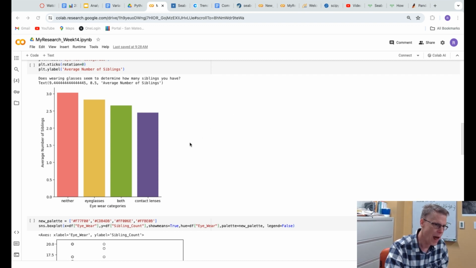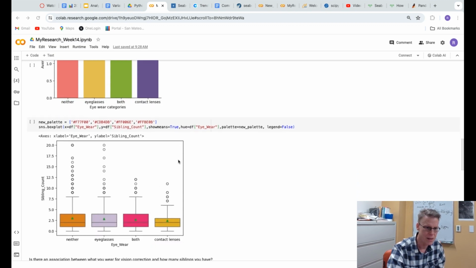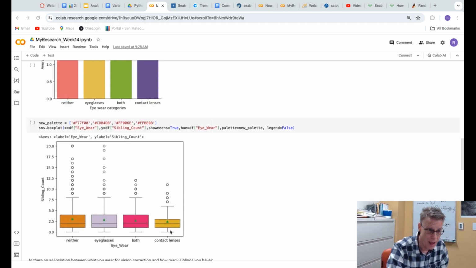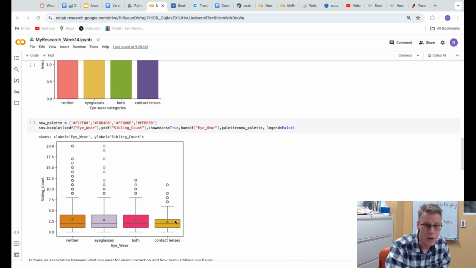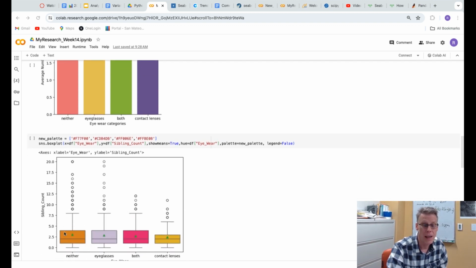ANOVA stands for analysis of variance, and the reason variance is in there is because depending on how much these categories vary in how many siblings they have, that's going to enter into it as well. If these are super, super tight with no variation at all, then you would expect that a difference that shows up between these two categories is really a big difference, because how would we get such a difference if all the numbers are close together?